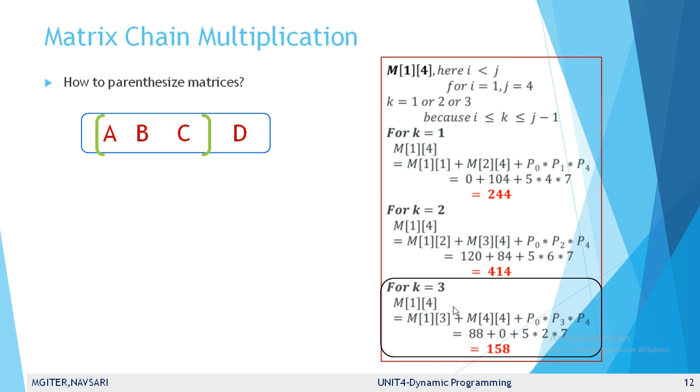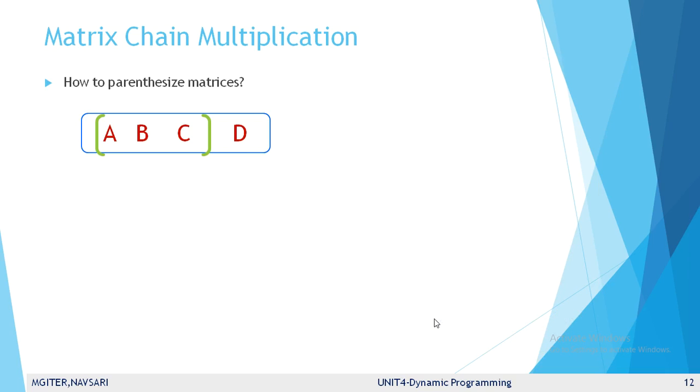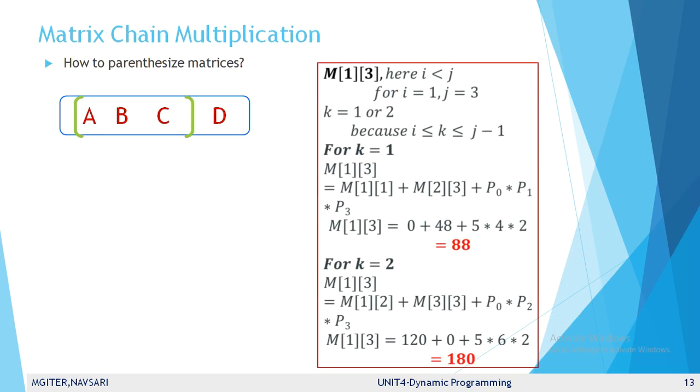Now we look at the table of M of 1 3. Here M of 1 3 has two computations, k equal to 1 and k equal to 3. Now which one is less? Whenever k equal to 1, it requires less computation, that is 88. Now what is that? First, parenthesize M of 1 1 plus M of 2 3.